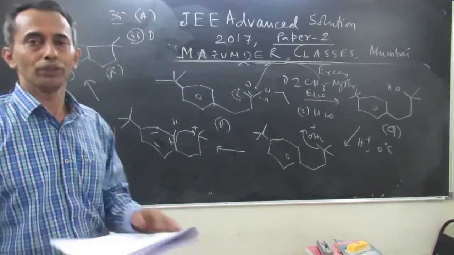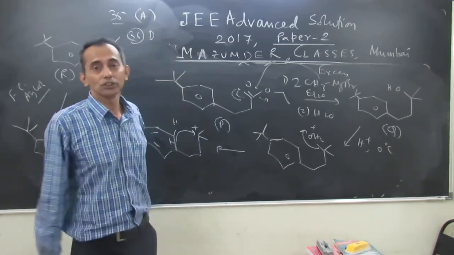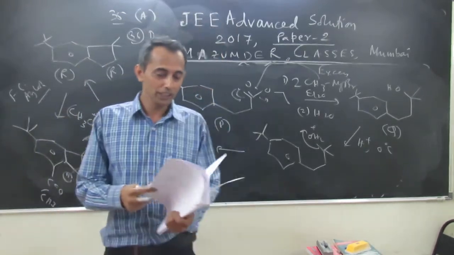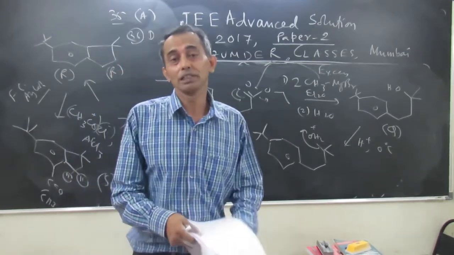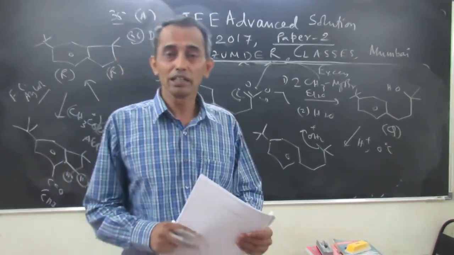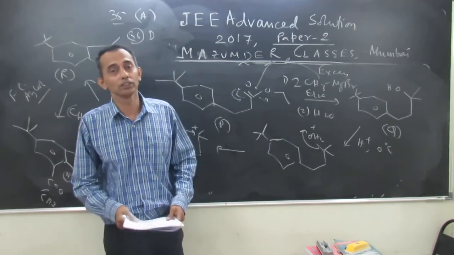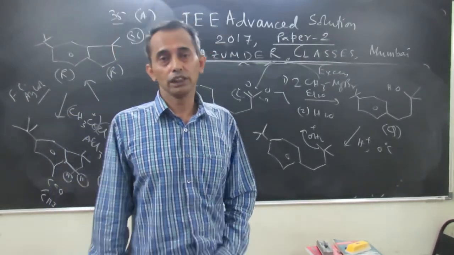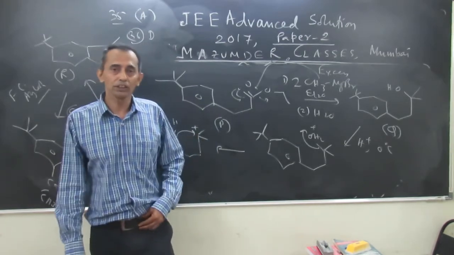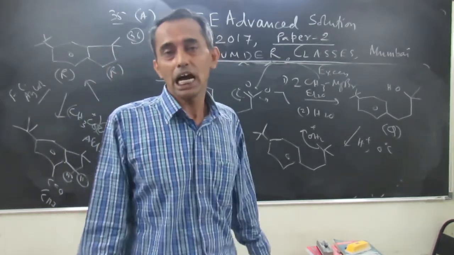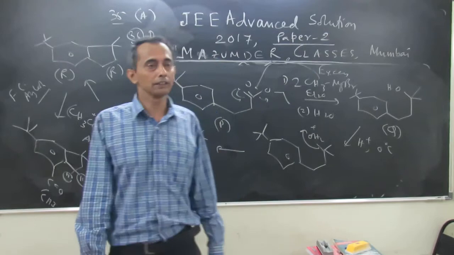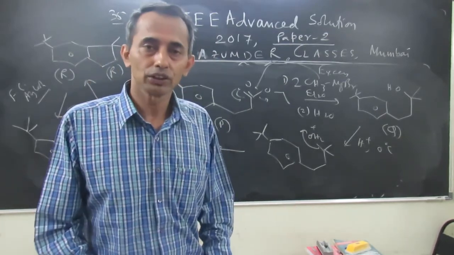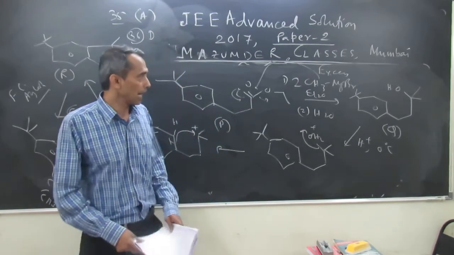Next. Oh, that's enough for the answers for this year's JEE Advanced. It is so comfortable. I think students who are fundamentally really good felt very comfortable. I have seen many students in Mumbai and outside Mumbai, across India, who will definitely get at least 95 to 96% marks in JEE Advanced this year, 2017.